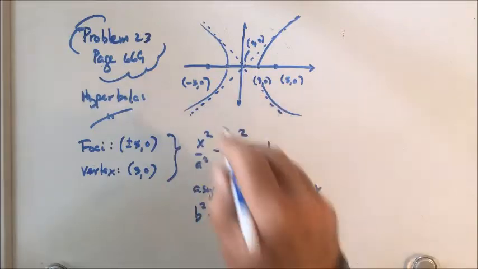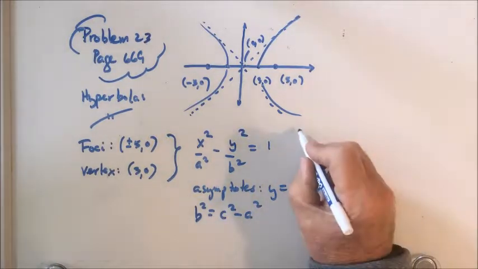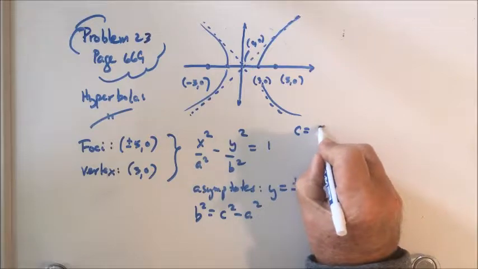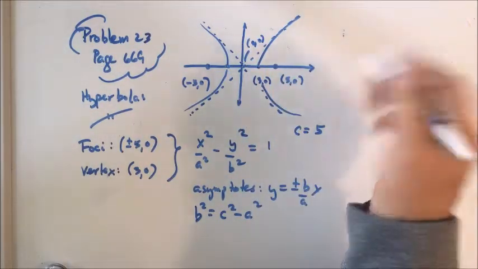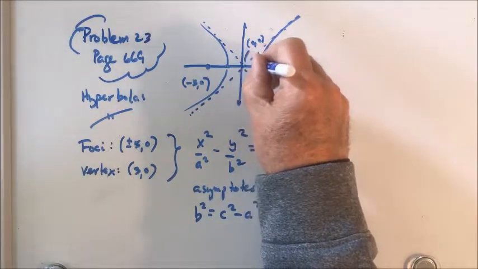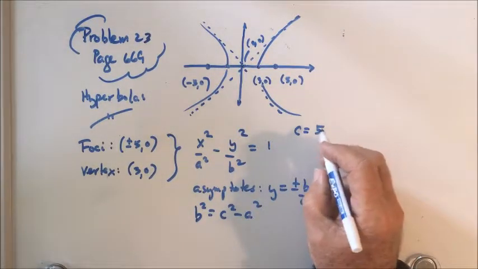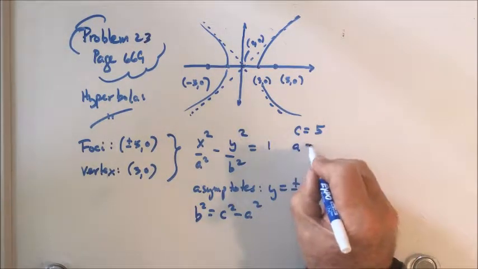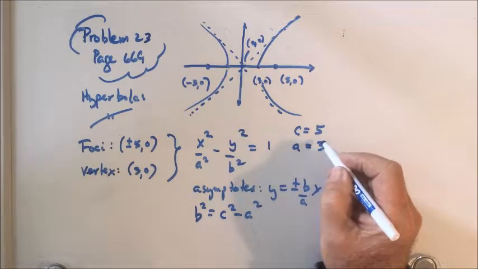I can read off then that the focal length, the distance from the origin to the focal point, is 5. Likewise, a is always the distance from center to vertex, so a is equal to 3. I sense a Pythagorean triplet again.